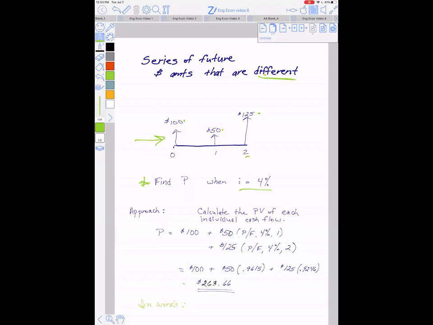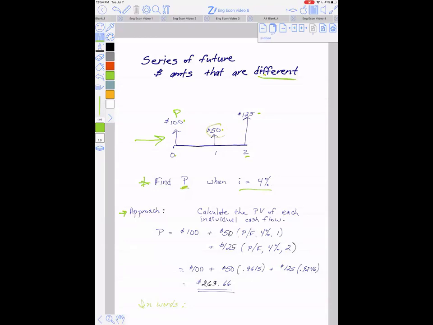Okay, so the approach that we take to problems of this type is that we need to calculate the present value of each individual cash flow separately and then add them together. So basically, this $100 coming in at time 0 already is in terms of P, right? So we don't need to do any adjustment with that. It already is in terms of P, and that's what we're trying to find.